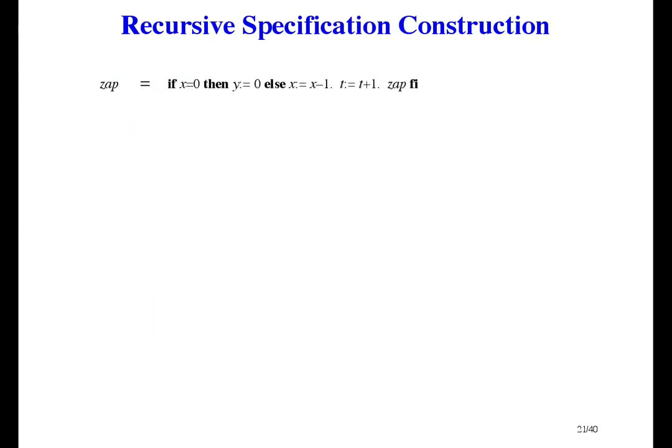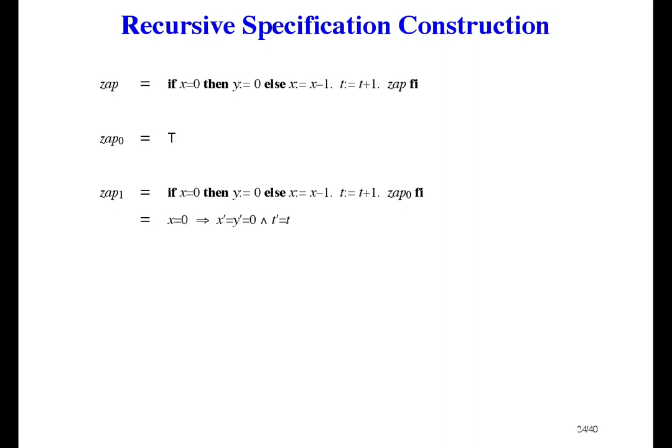There's a procedure for finding the fixed point, just like there was for recursive data definition. We can start with zap sub 0 equals true, and then zap sub 1 equals the constructor, but with zap 0 replacing zap.